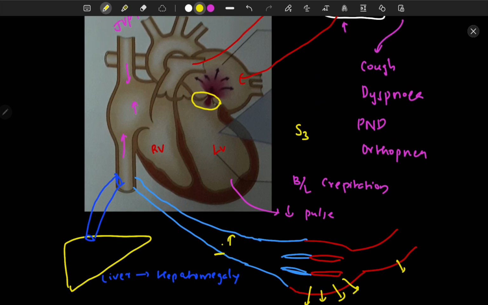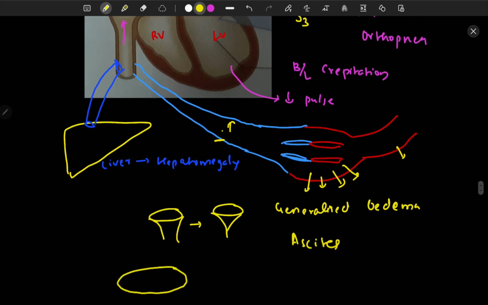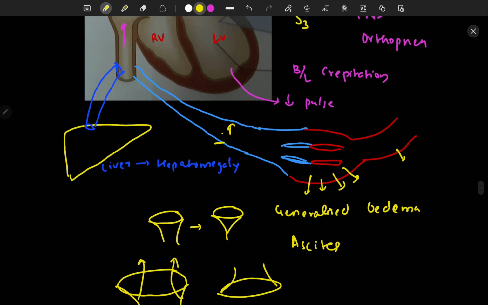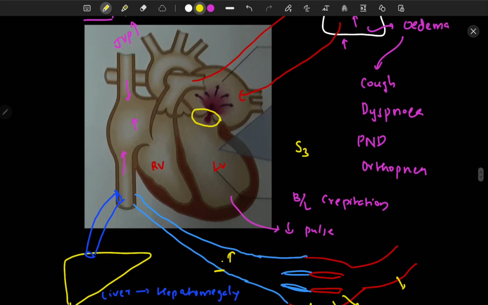correspondingly the mitral ring also dilates. That means the mitral leaflets will be everted upwards, and there is mitral regurgitation.